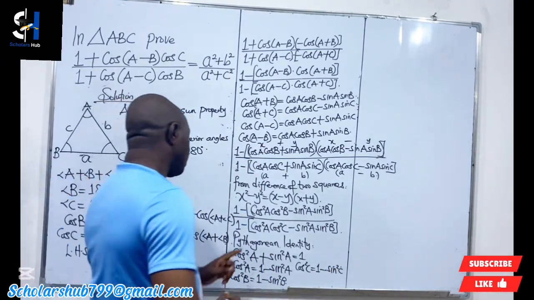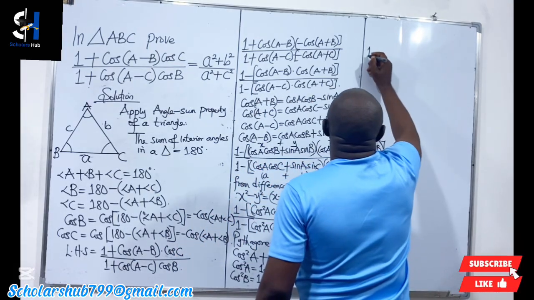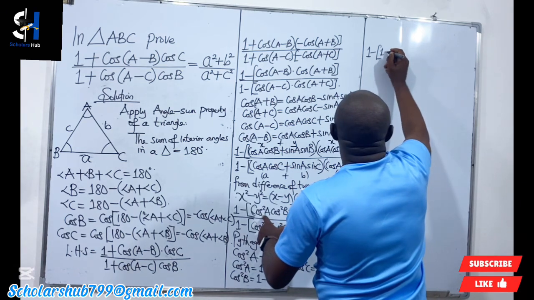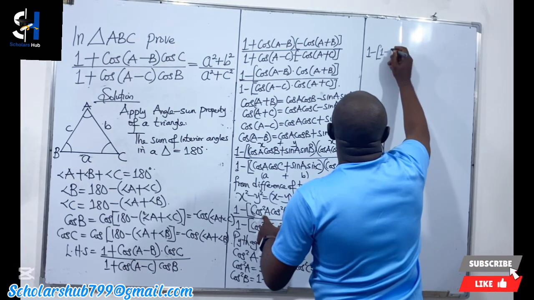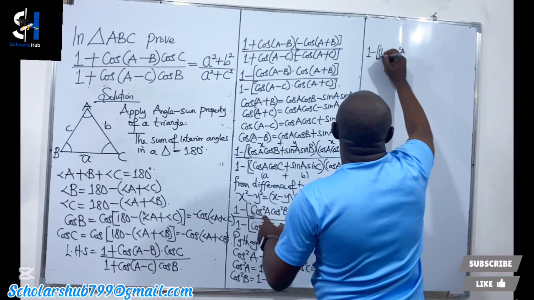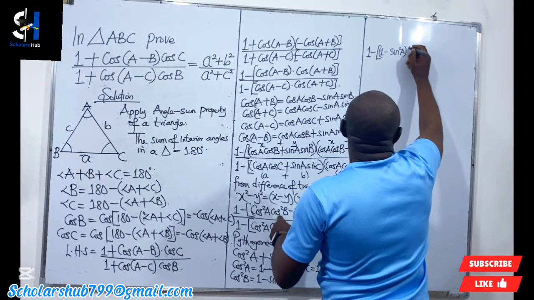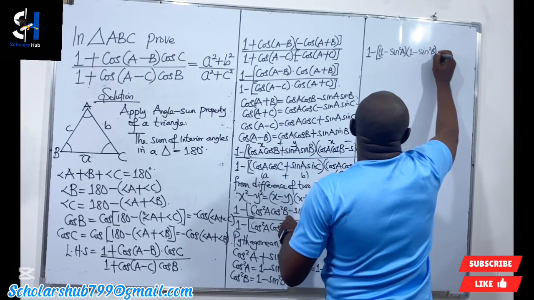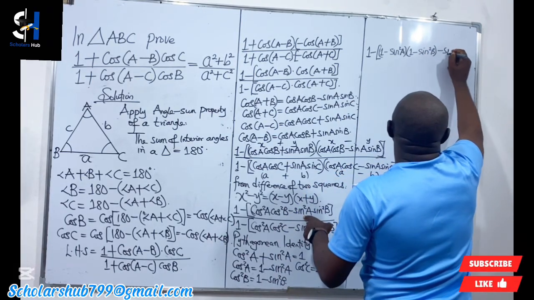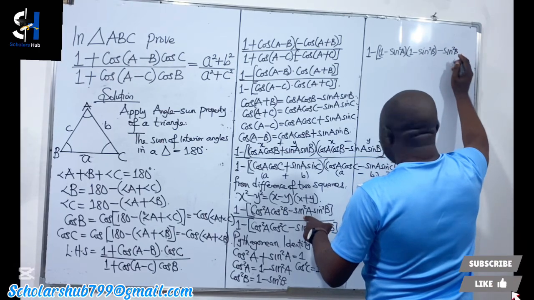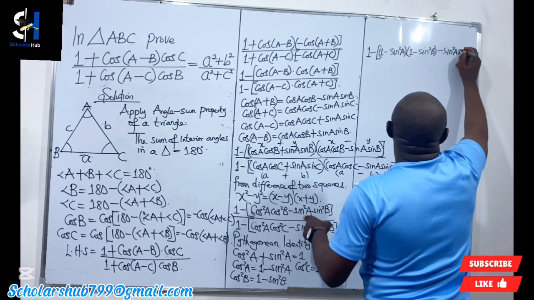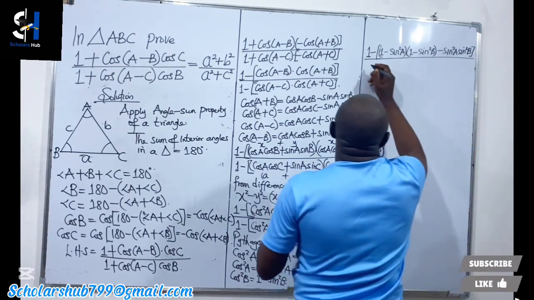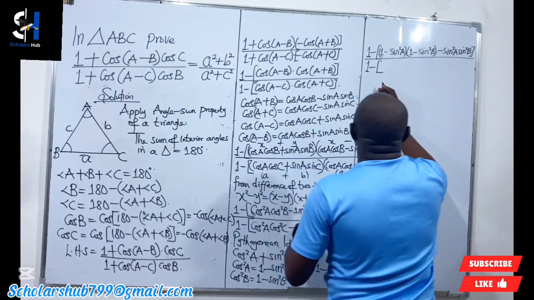Okay, so I'm going to write this as 1 minus open square bracket 1 minus sin squared A, multiplied by 1 minus sin squared B, then minus sin squared A sin squared B, all over 1 minus open square bracket.